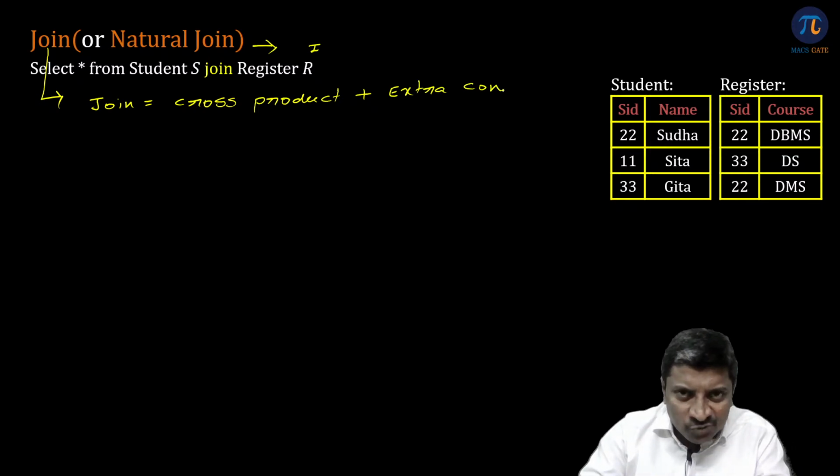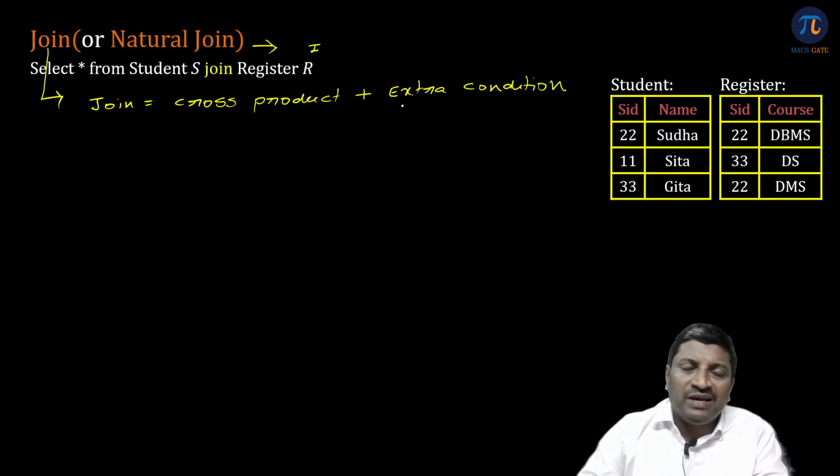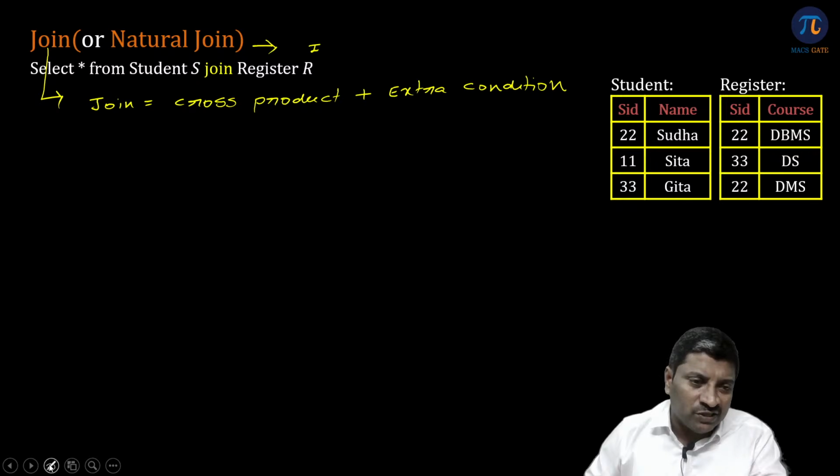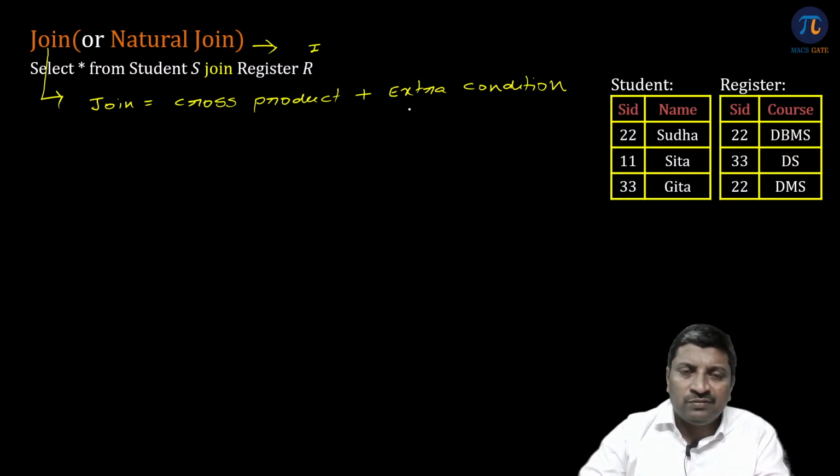So it will form the cross product only, but it doesn't display all the records. It will have one extra condition to filter the records. What are the extra conditions?